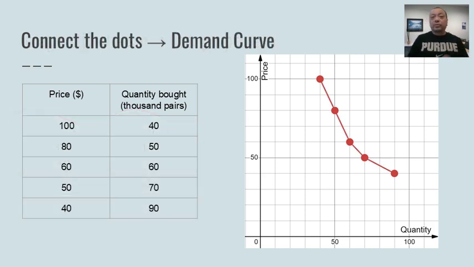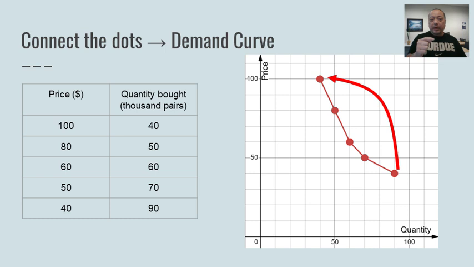Okay, back to the demand table. If we connect the dots, we have a full graph, and it is called the demand curve. It shows the relationship between the price of a good or service and the quantity demanded by consumers. This one has what we call a downward slope or a negative slope. When a curve has a downward slope, the two variables move in opposite directions.